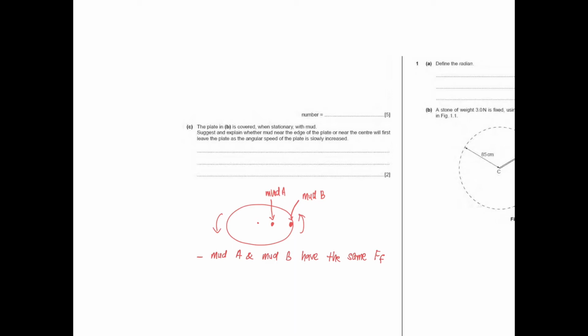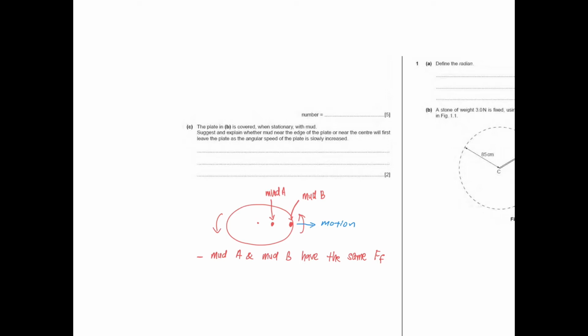Frictional force is the only force that acts towards the center of the circle. Imagine that the motion is outwards, where the mud may slide off when the plate rotates faster and faster.